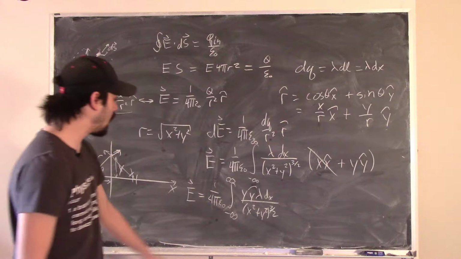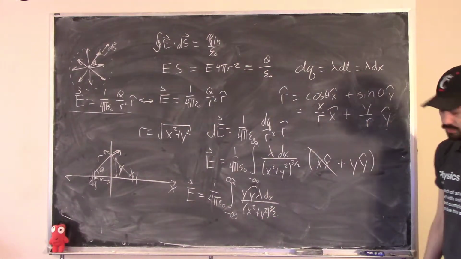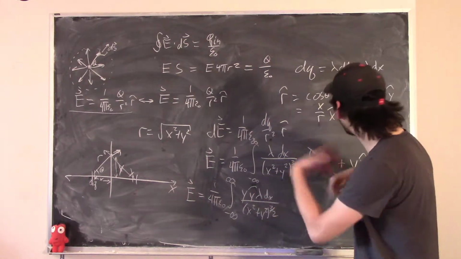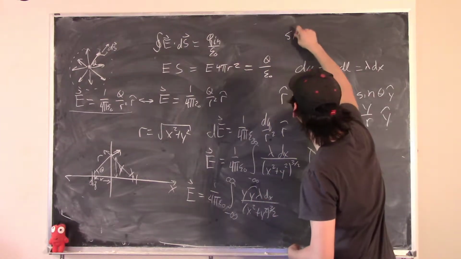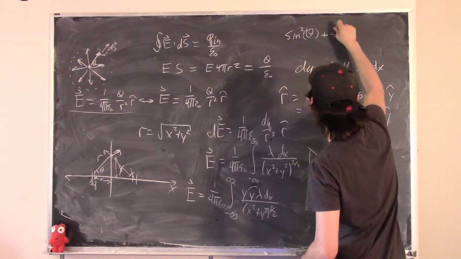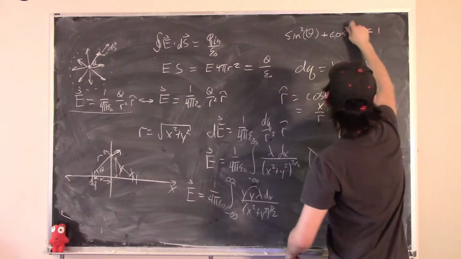Okay. Now, the way that you're going to evaluate integrals of this form is to use what's called the trig substitution. And that's to say, I'm going to ultimately be exploiting the properties of sine squared theta plus cosine squared theta is equal to 1.